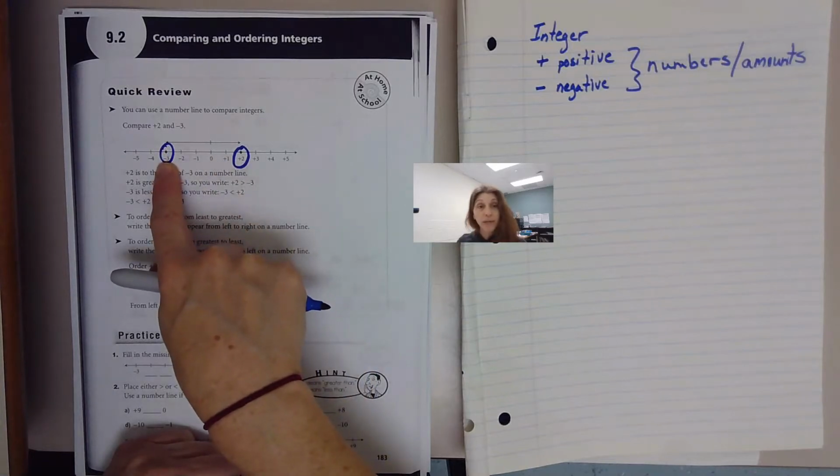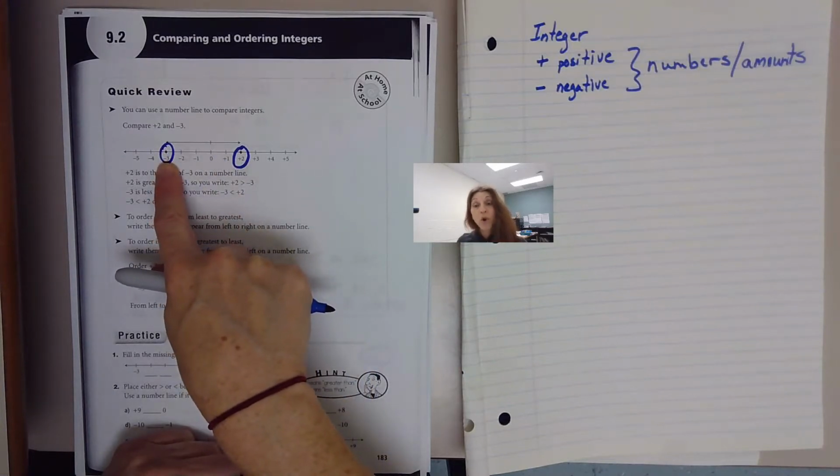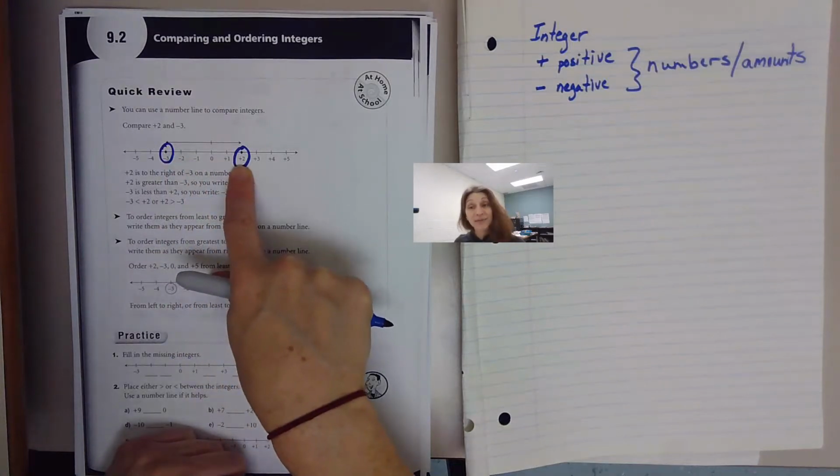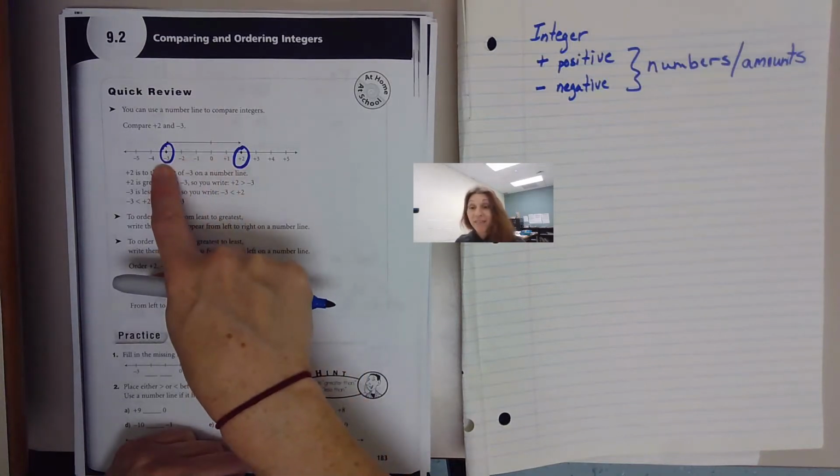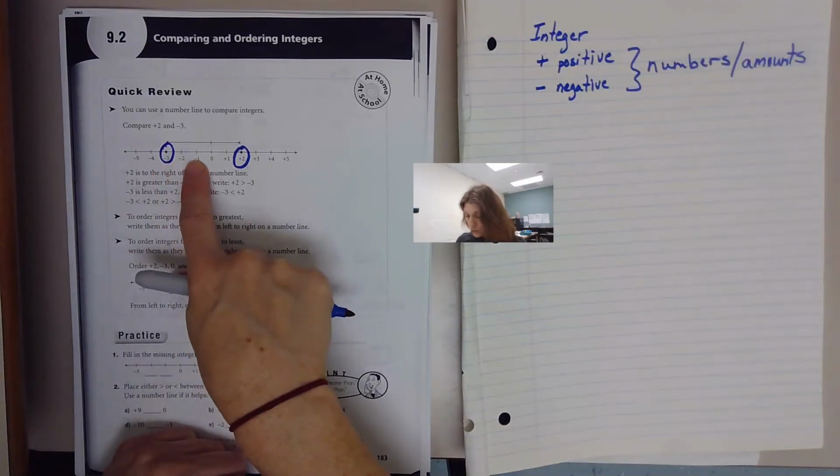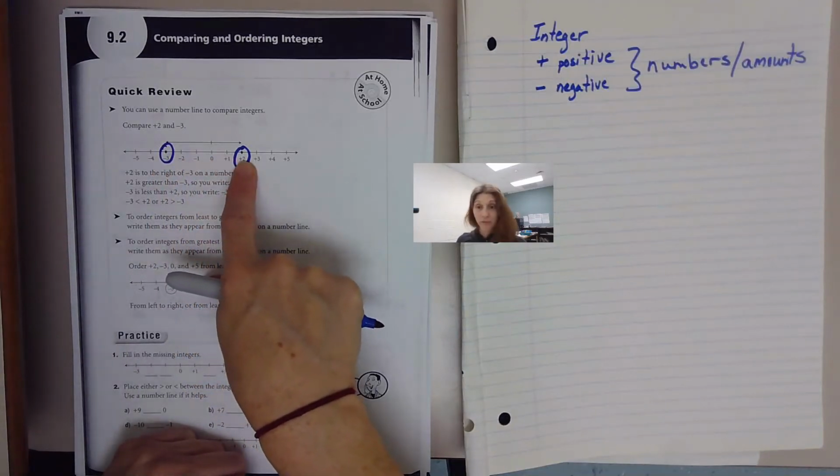So here's negative 3. If we wanted to get it to positive 2, we'd have to add 1, 2, 3, 4, 5.